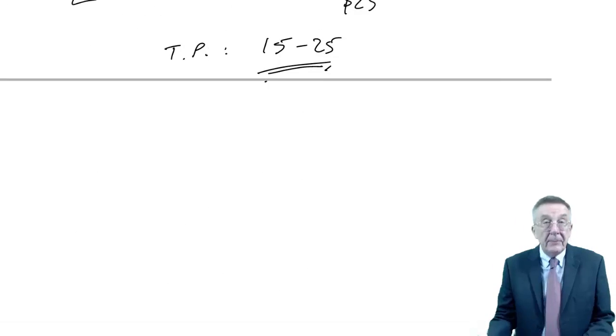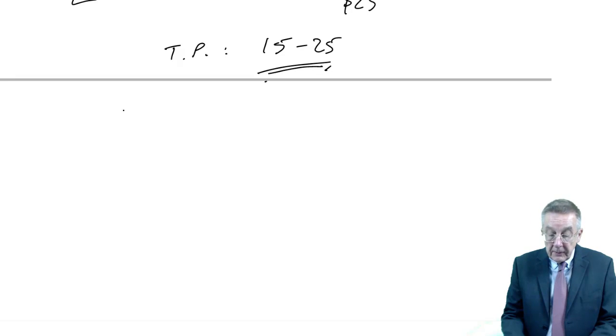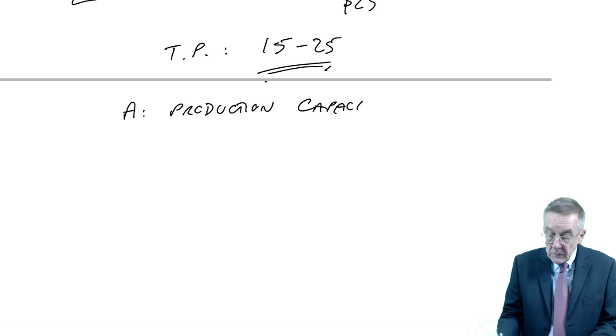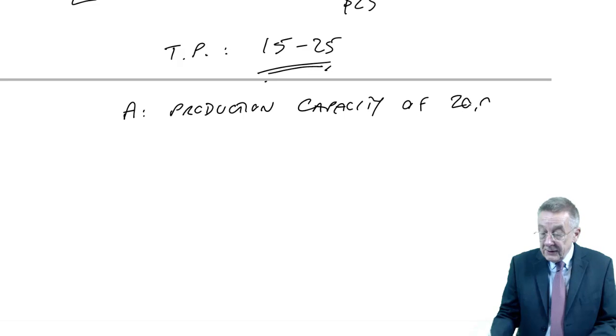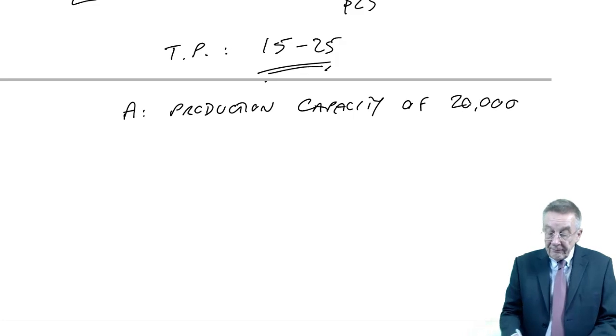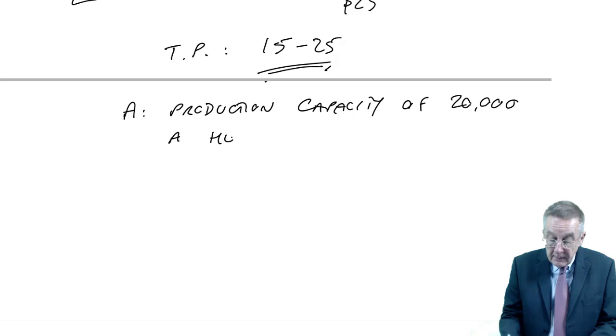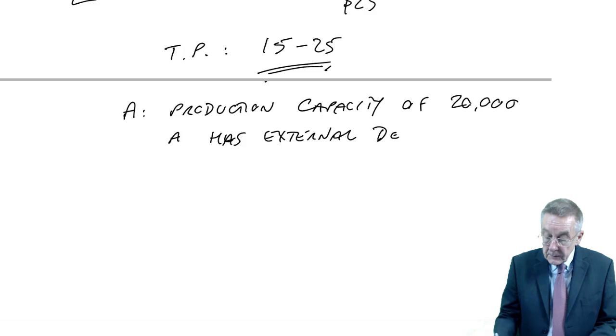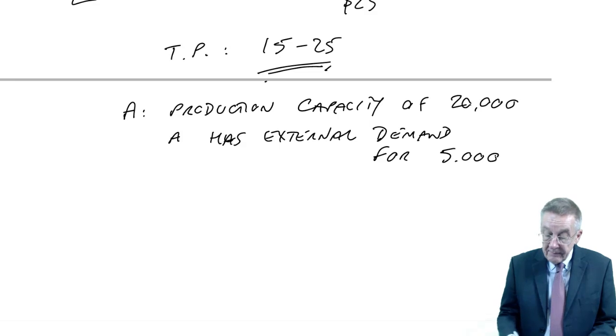For instance, and I'm making up numbers here, suppose I told you that A has production capacity of 20,000. A has external demand for, let's say, 5,000, and B wants 10,000.